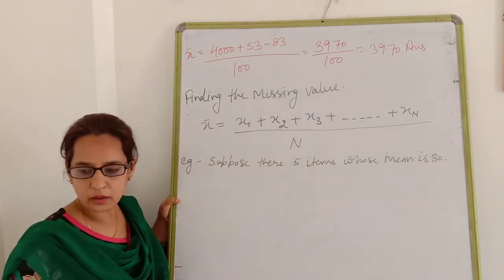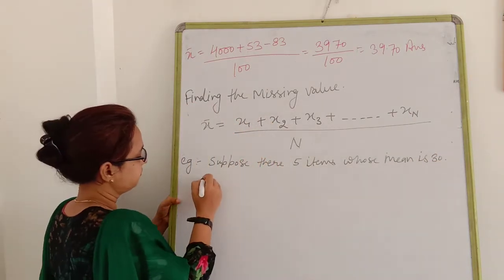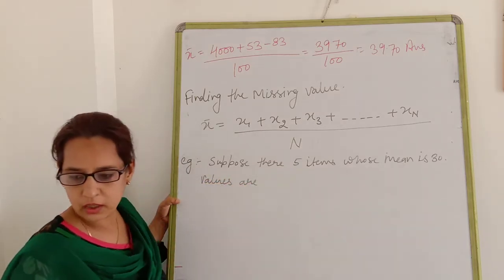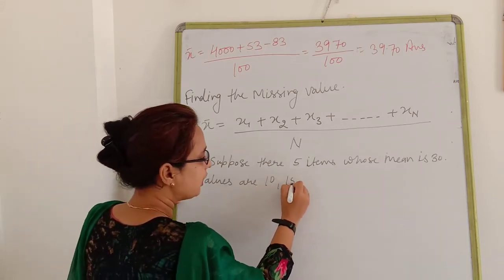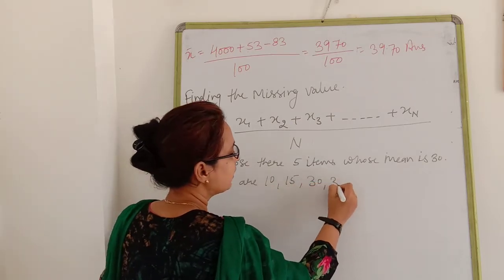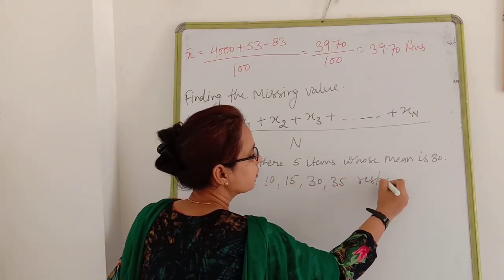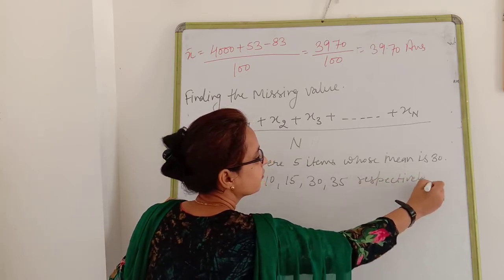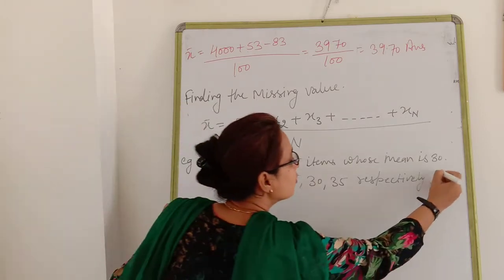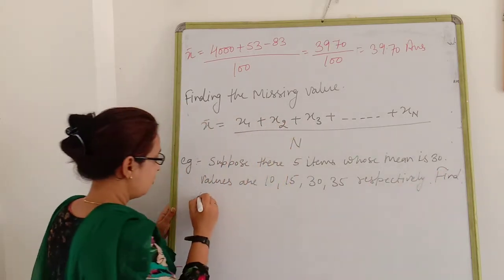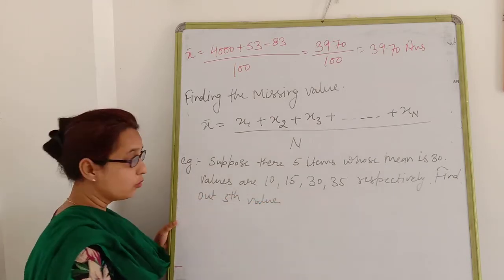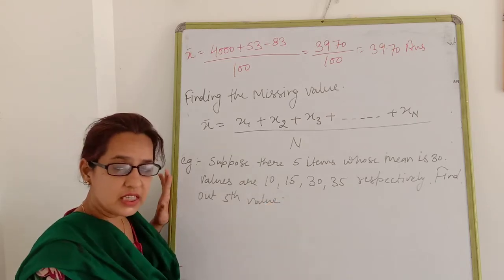Now the values are 10, 15, 30 and 35 respectively. Now find out how many values are given: 4. Find out the fifth value. How are we going to find out the fifth value? This is very easy.